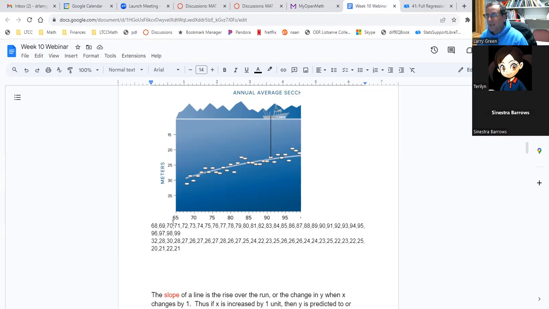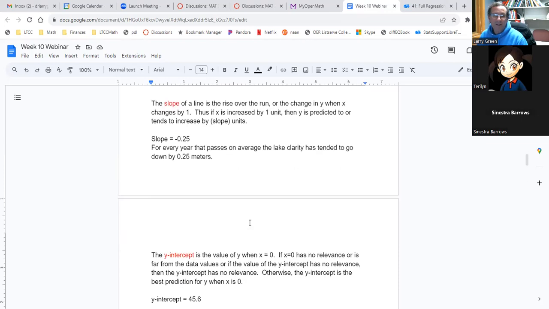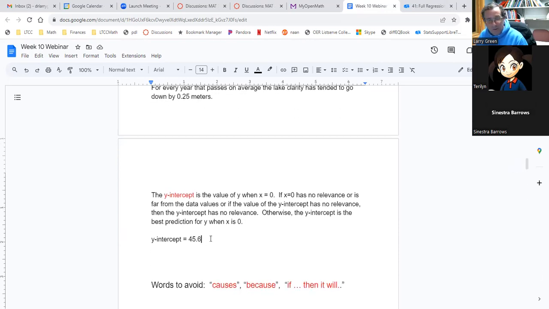So 0 is what year? 70 was the year 1970, 75 was the year 1975. How about 0? Yes, 1900. So for this example, the y-intercept is 45.6.